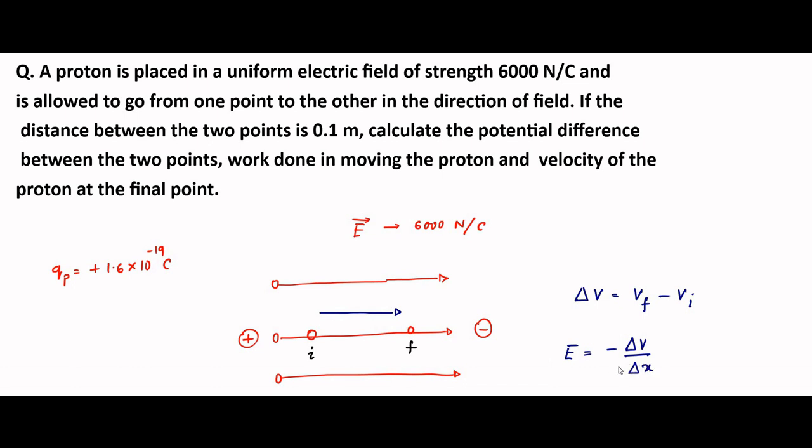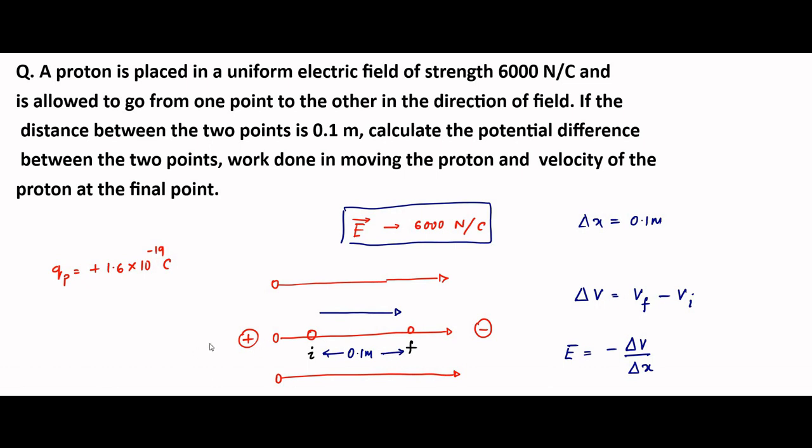Now we know here that the distance between these 2 points, the initial and final position, is 0.1 meter. That is delta x, we are taking delta x considering that it is moving along the positive x direction because nothing has been mentioned about that, so we have the freedom to do that. So delta x is 0.1 meter, E is given already.